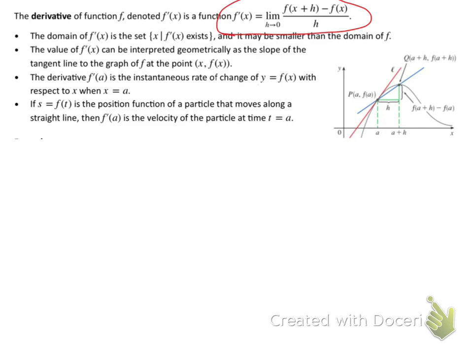But on the domain of f, there are certain x values where this limit does not exist. In that case, you lose those points from the domain of f prime. So the domain of f prime could be smaller than the domain of f, but it cannot be bigger.